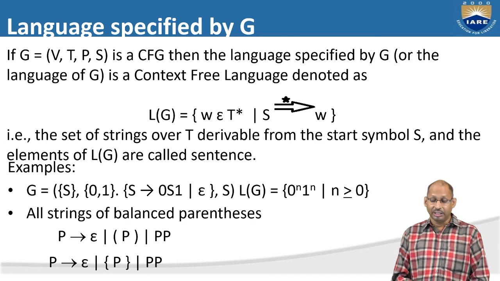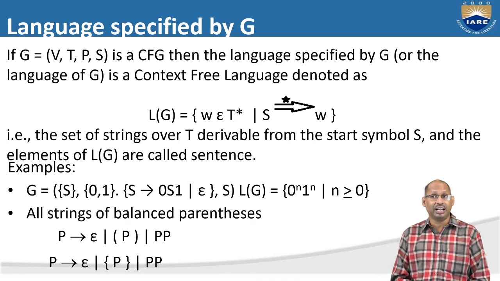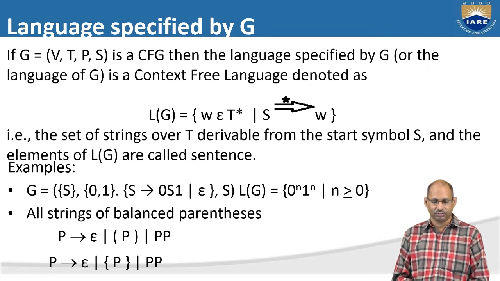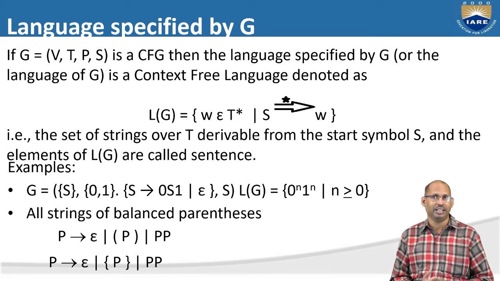So L of G is the language accepted by the given grammar. What strings does it consist of? It consists of all sequences of zeros followed by ones, that is, 0 power n followed by 1 power n.